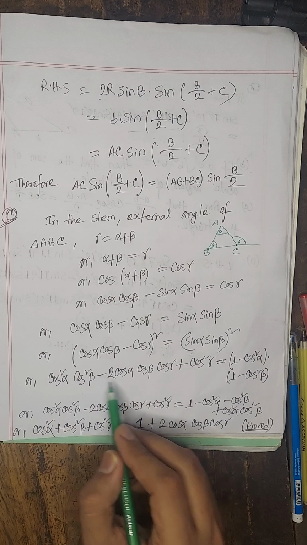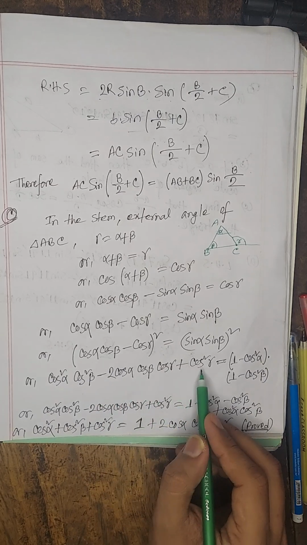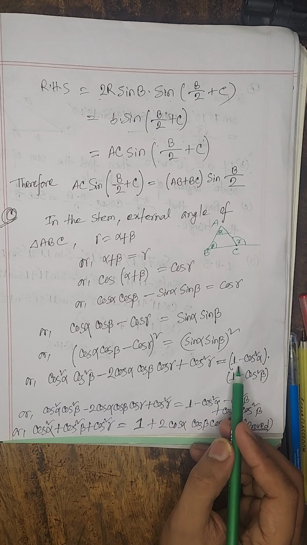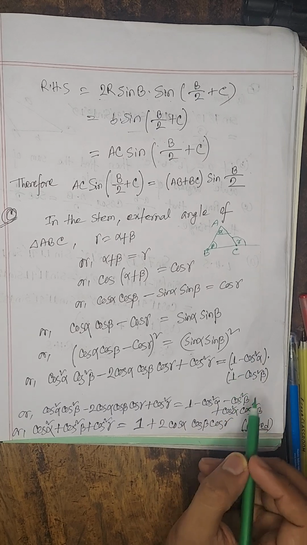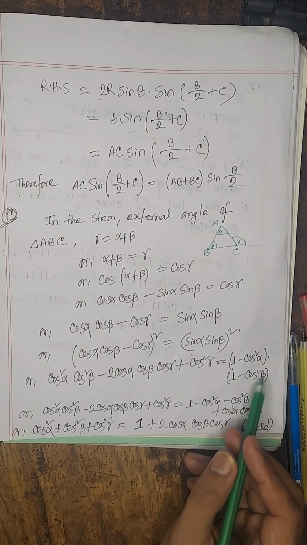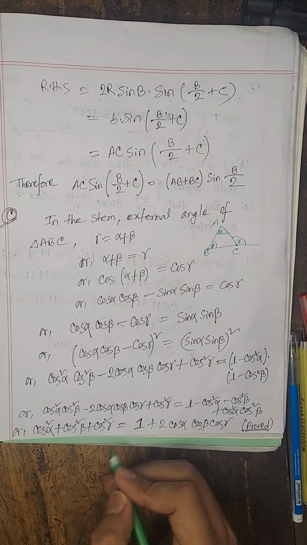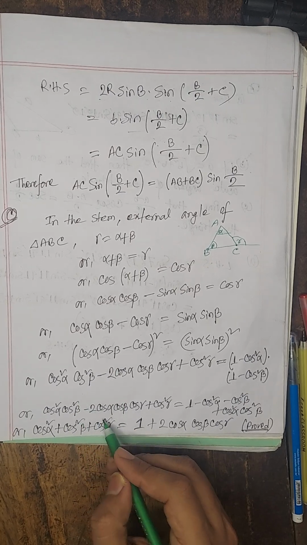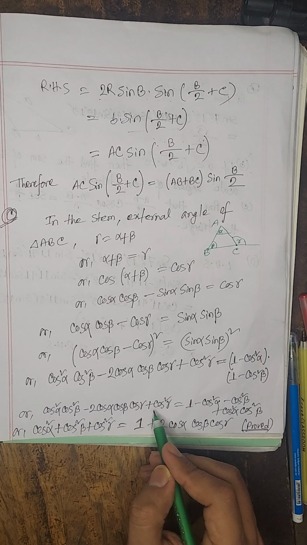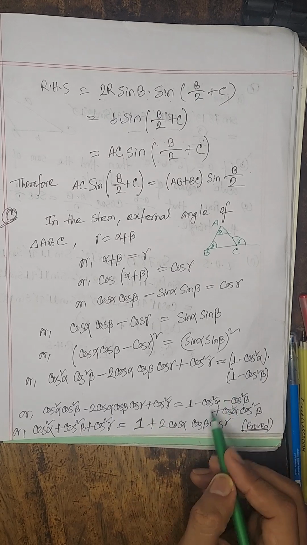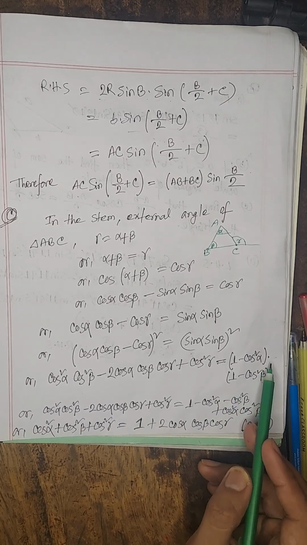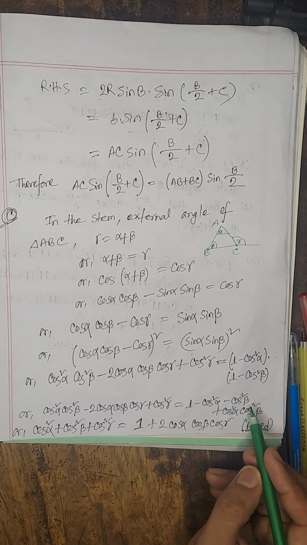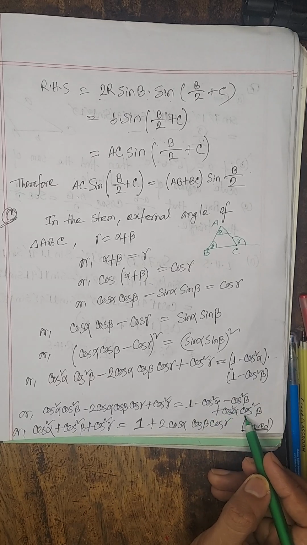Then using a square minus 2ab plus b square, and 1 minus cos square alpha times 1 minus cos square beta, we can write cos square alpha cos square beta minus 2 cos alpha cos beta cos gamma plus cos square gamma. When we multiply the two expressions, we get 1 minus cos square alpha minus cos square beta plus cos square alpha times cos square beta.